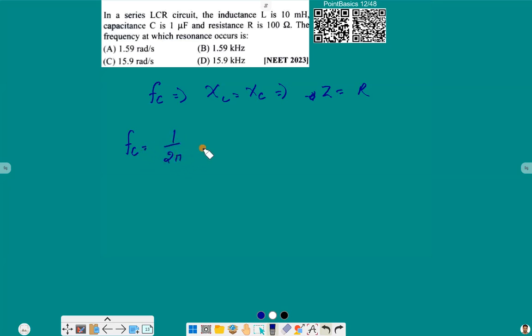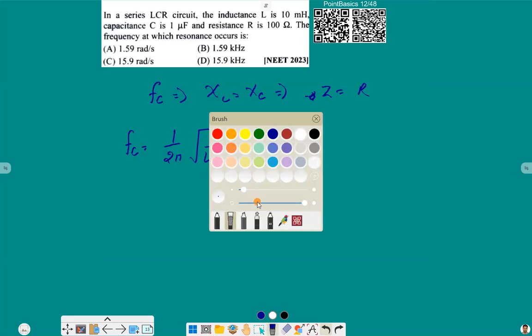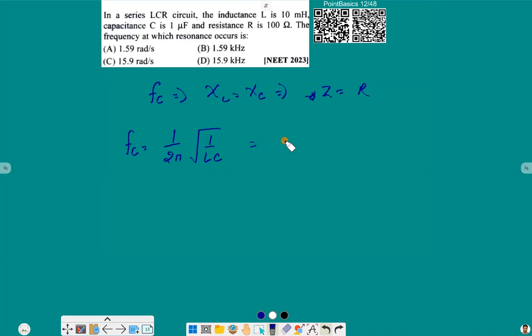That frequency is given by 1 by 2 pi under root 1 by LC. The value of L is 10 millihenry and capacitance is 1 microfarad.